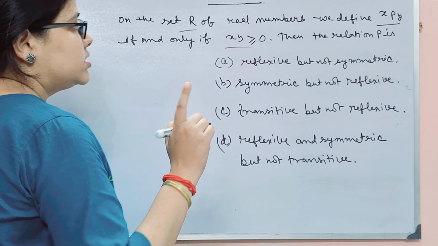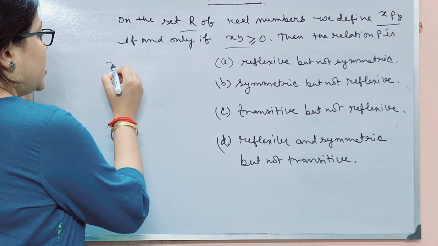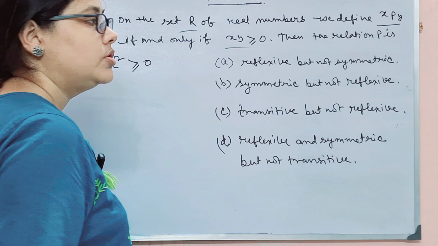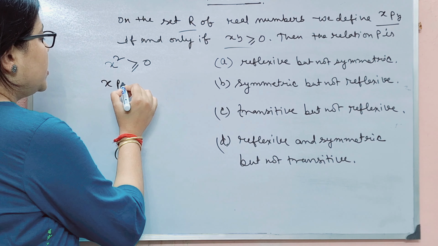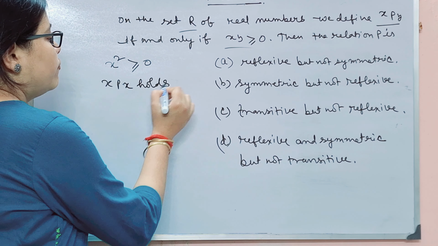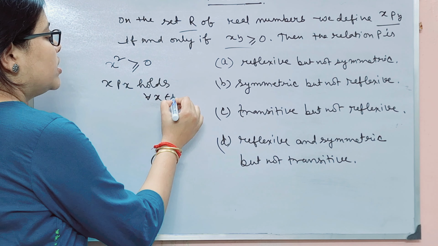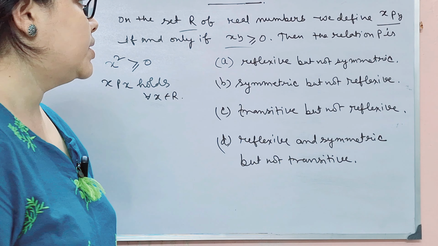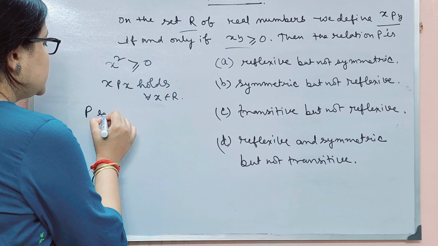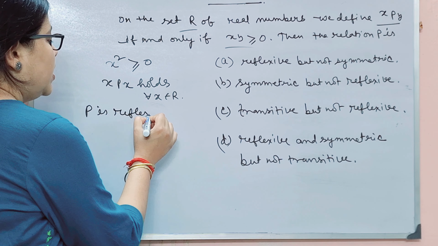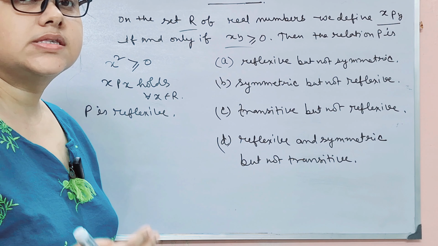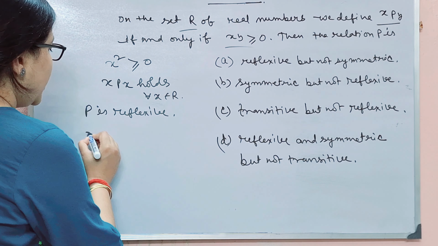Now first, reflexive. x square is always greater than or equal to 0. So x P x holds for all x belonging to the set of real numbers. So it's clear from the definition that P is reflexive. Now we will have to test whether P is symmetric or not.